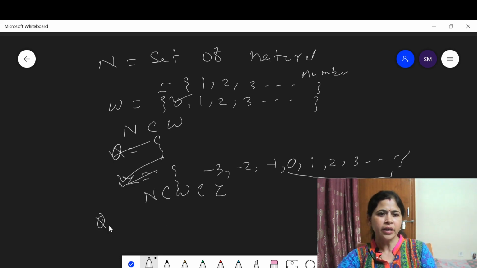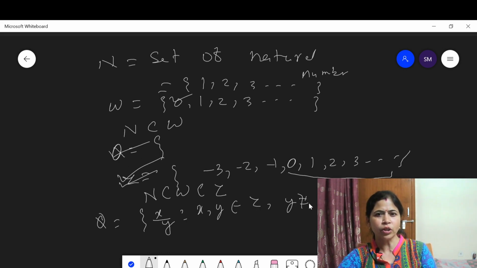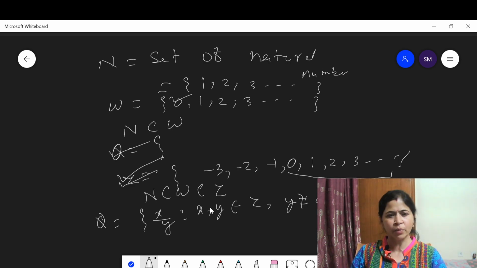Then here Q is the set of rational numbers. The set of rational numbers means x upon y, in such a way that x and y belong to the set of integers Z, where y is not equal to 0. If you get 0 in the denominator, this number cannot be defined.